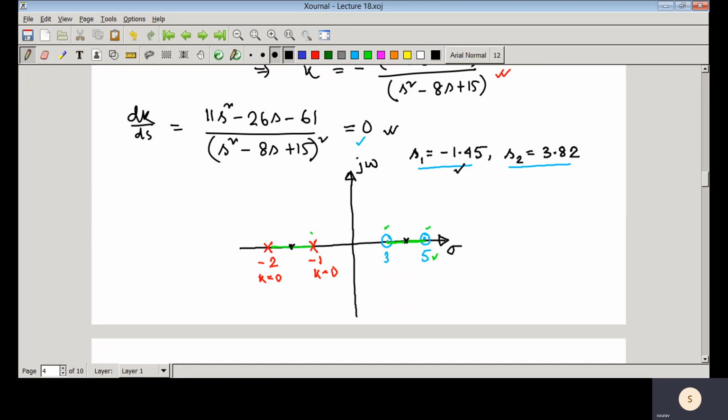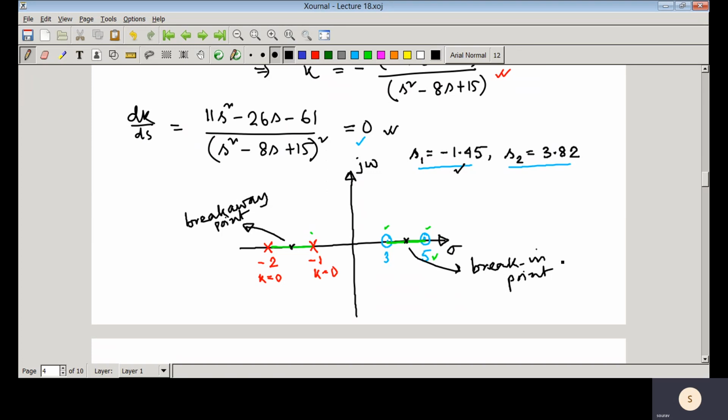This particular point is called the breakaway point, and this point is known as the break-in point.